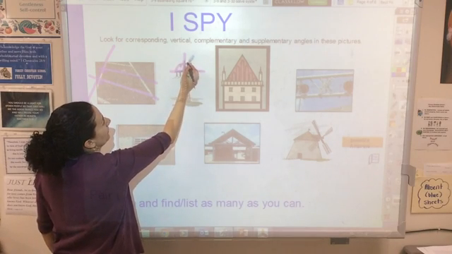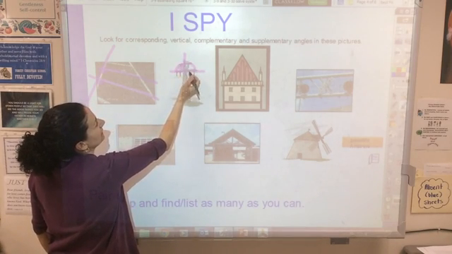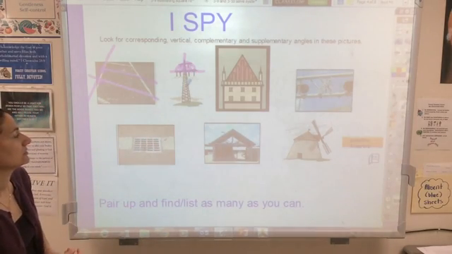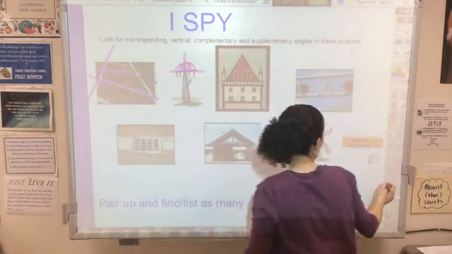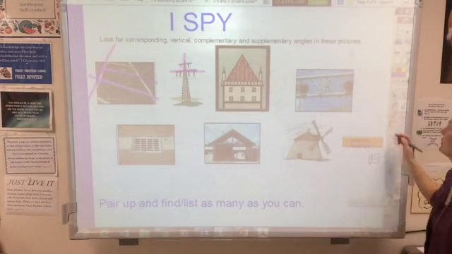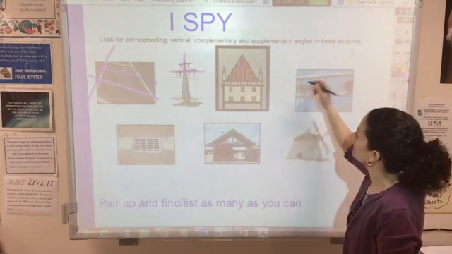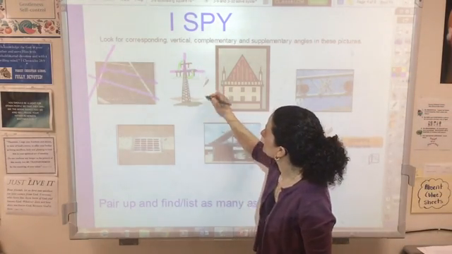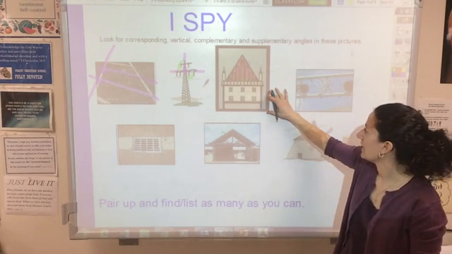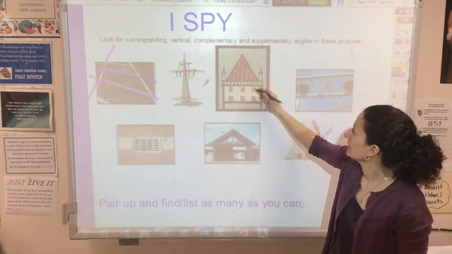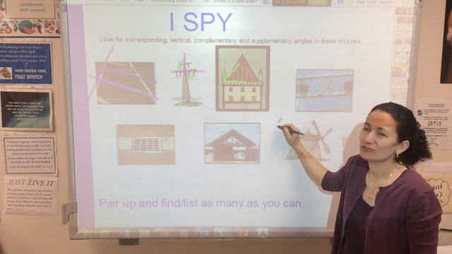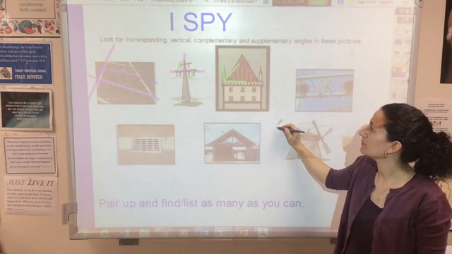If you look at this angle here and this angle here, they're forming supplementary angles. They're also, you can see some vertical angles. Okay? In this picture, this little house or structure, I wonder if you saw the complementary angles. Did you see the complementary angles?